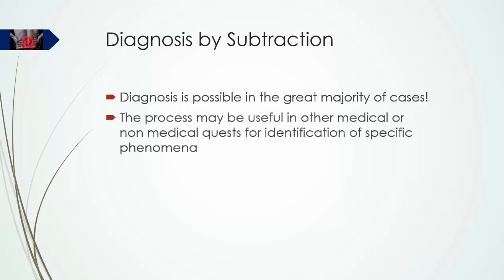My main purpose is to emphasize that a reasonably confident diagnosis is possible in most cases of patients with back pain, and that this process may be used in many situations, medical or otherwise. In fact, any quest for identification of real-life phenomena probably uses this method. It's not difficult or even new.